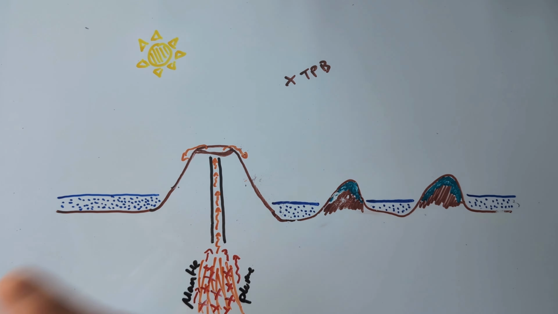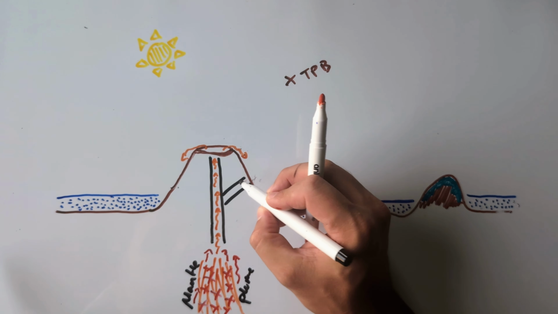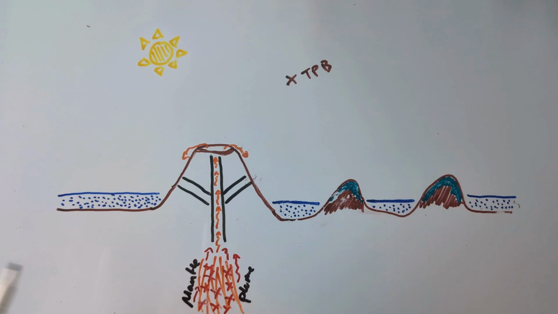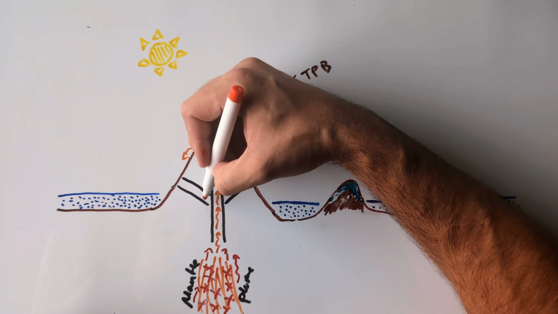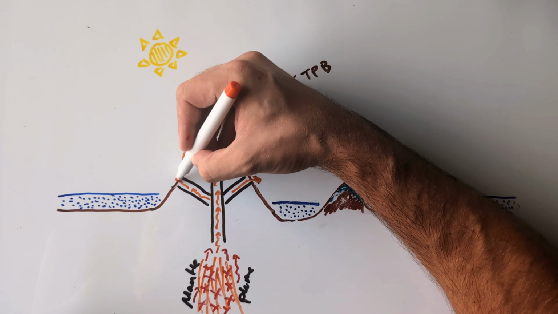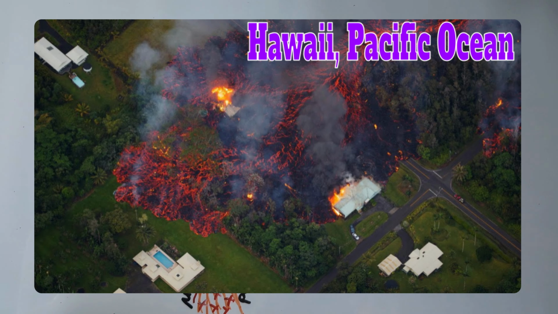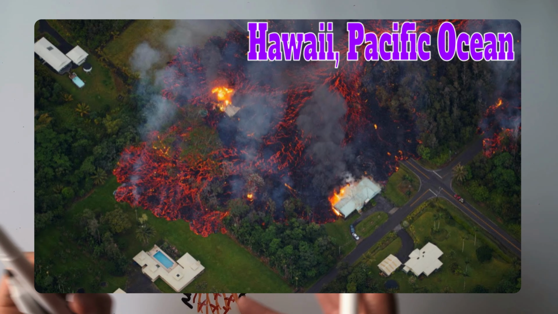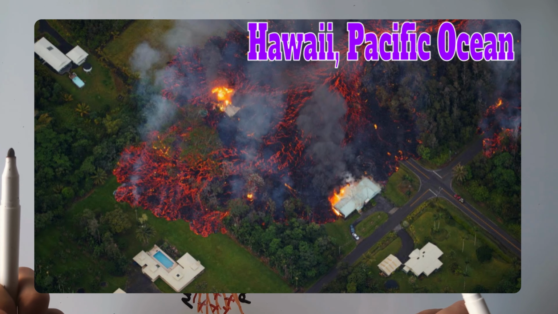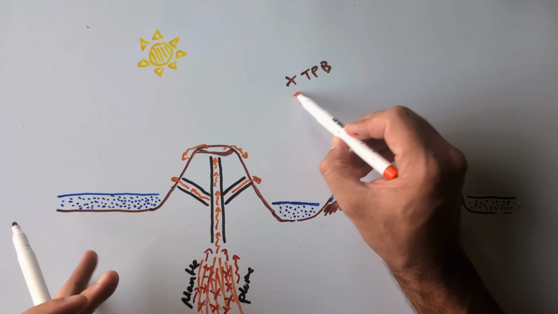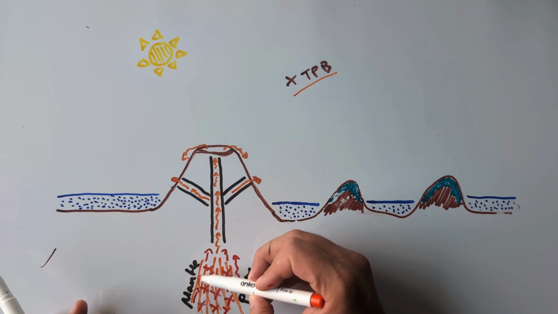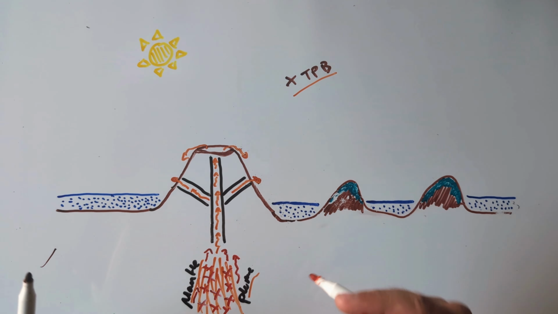They will spill out through secondary vents as well, so they're not confined to one location. If you look at our example of Hawaii, you will see vents opening up under people's homes or just down the road from their property, and the lava burning their house whilst they watch. Okay? So this is a hotspot volcano, not found on tectonic plate boundaries, and it happens because of an area of intense magma called a mantle plume.